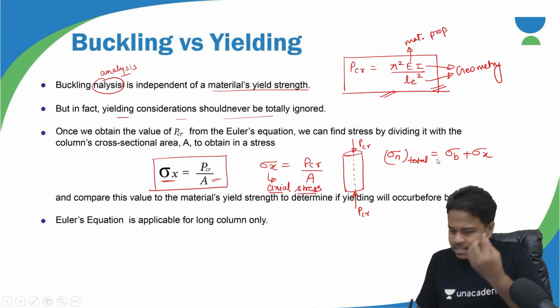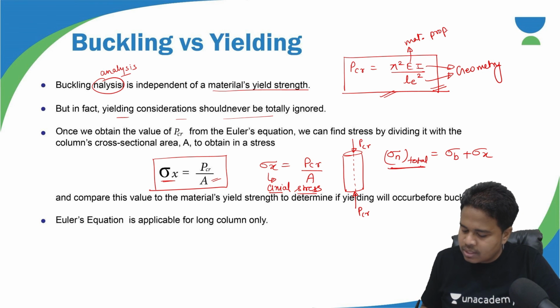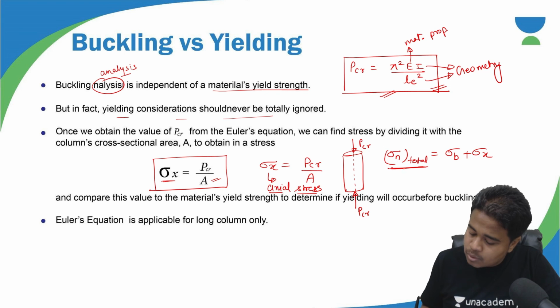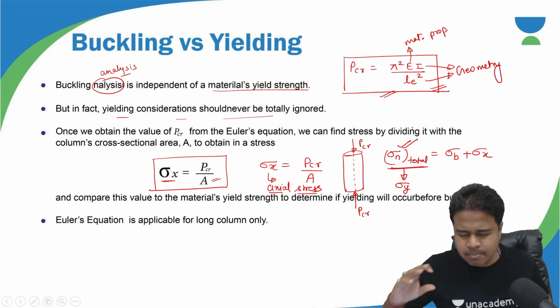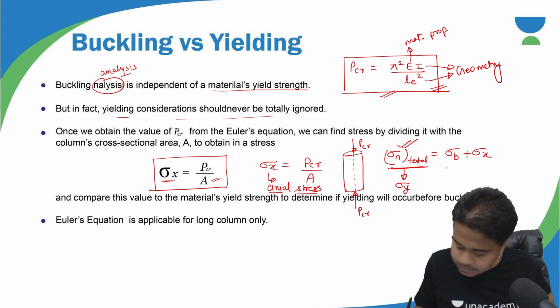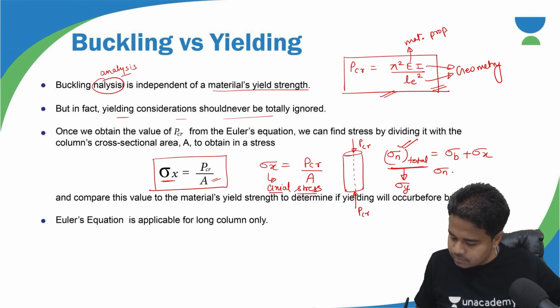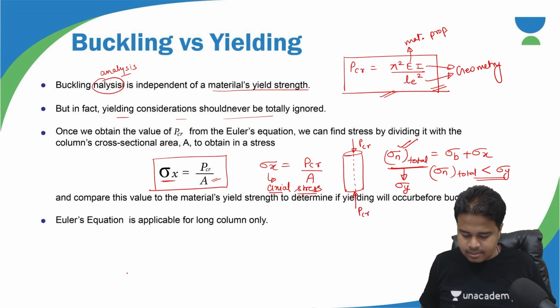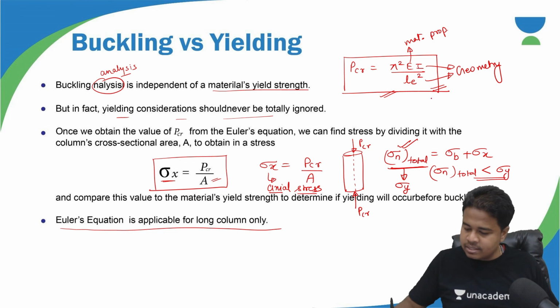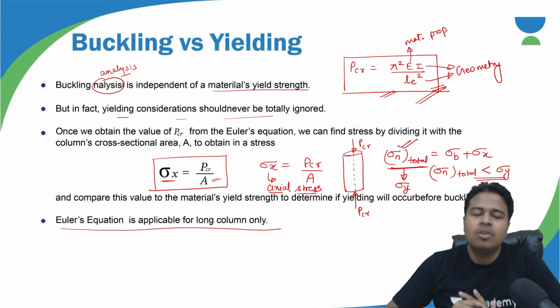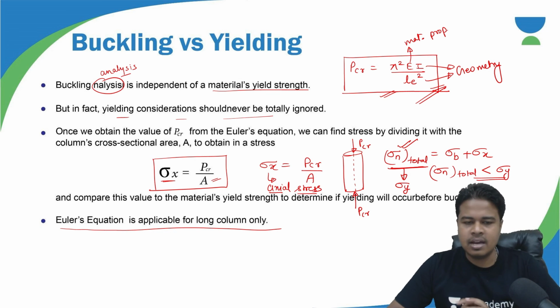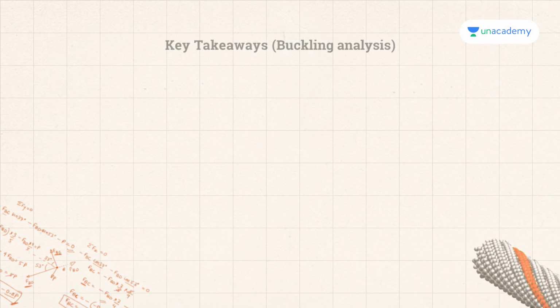If bending stress is present, then we will find this total normal stress, and we will compare it with the yield stress, and that total normal stress must be less than the yield stress. And remember, this Euler equation for P critical is only applicable for long columns. I hope you got the points.